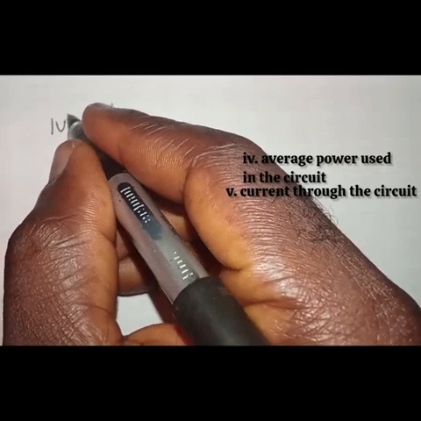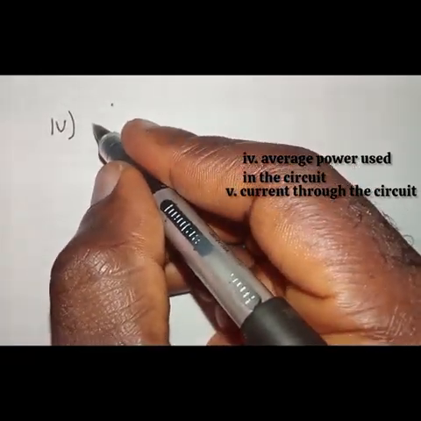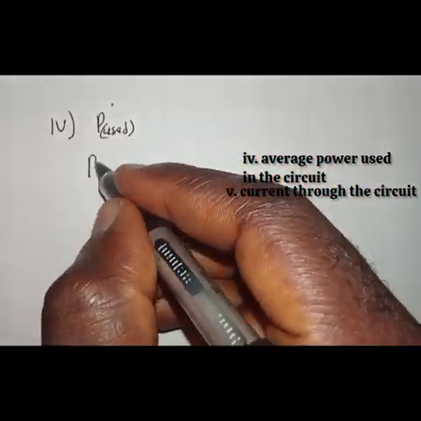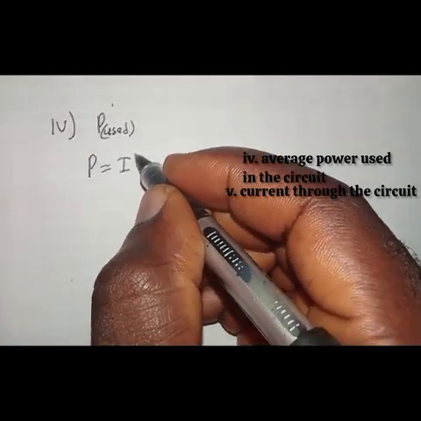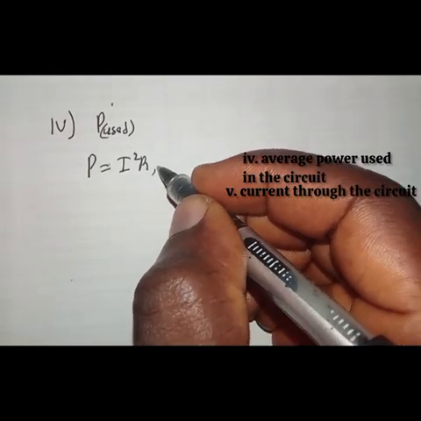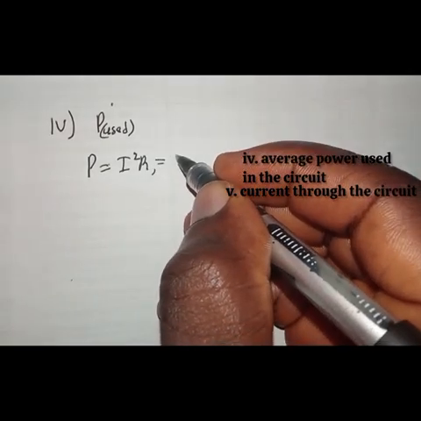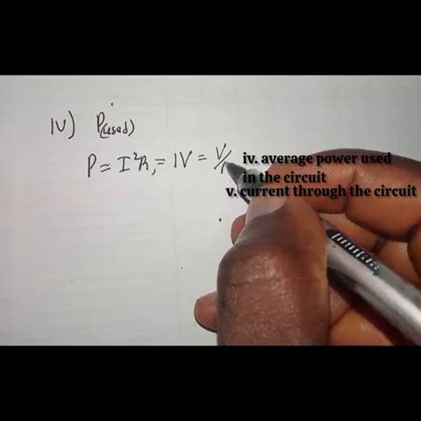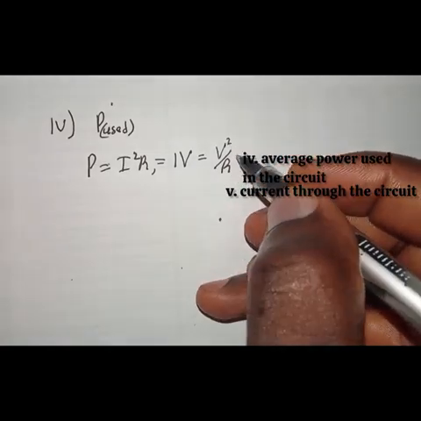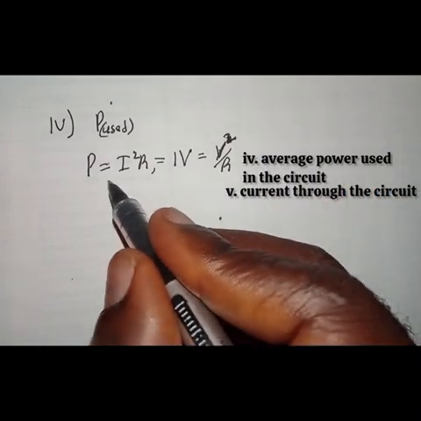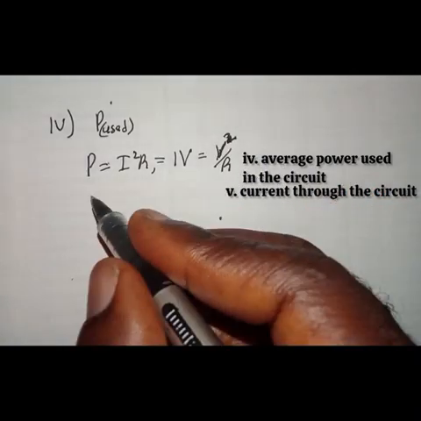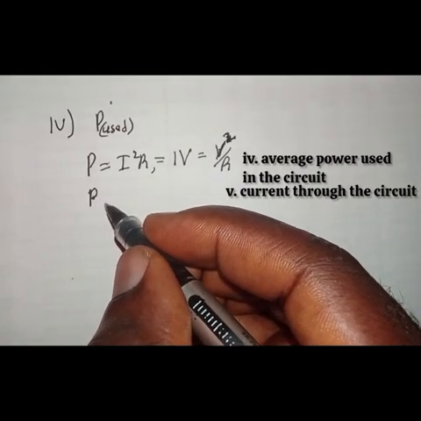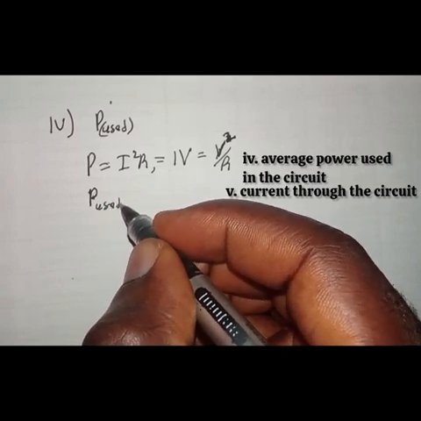You know that power can be written in terms of current and resistance, that is I squared R. It can be in terms of current and voltage, that is IV, and it can be in terms of voltage and resistance, that is V squared over R. But since this is not a purely resistive circuit, it contains other opposition which is referred to as impedance.